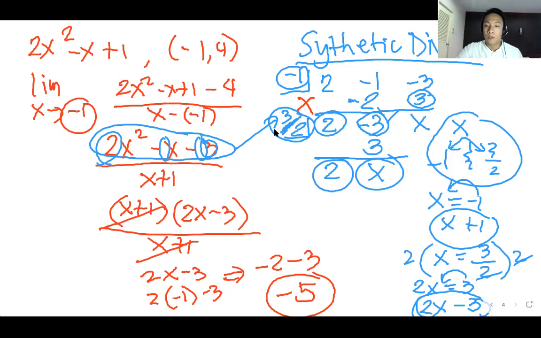Okay? Let's proceed to number 5. Our number 5 consists of the equation 2x cubed.